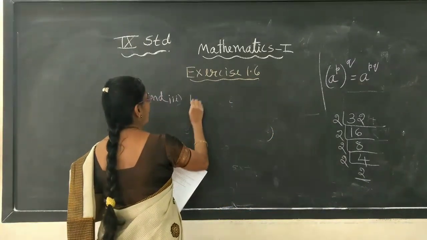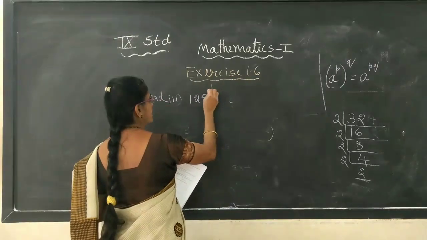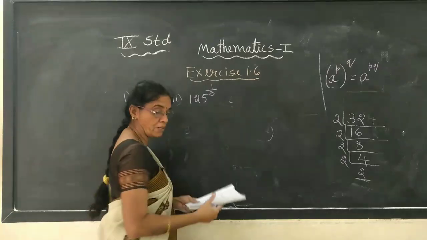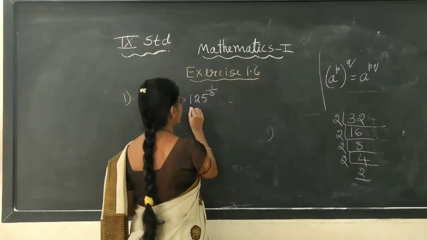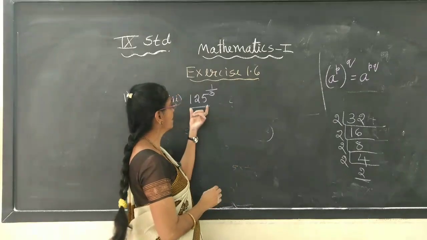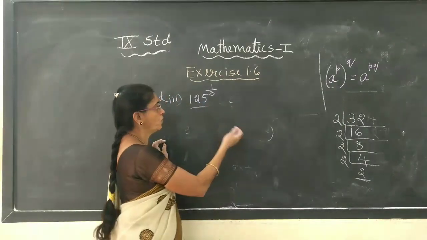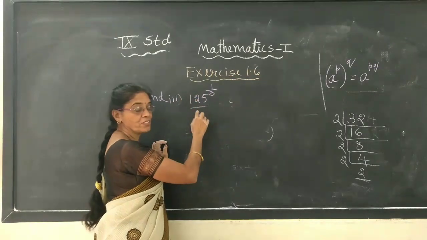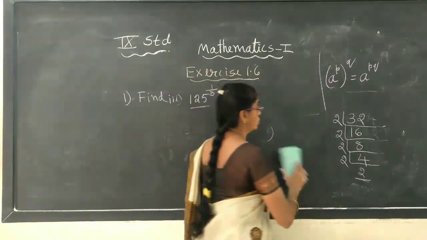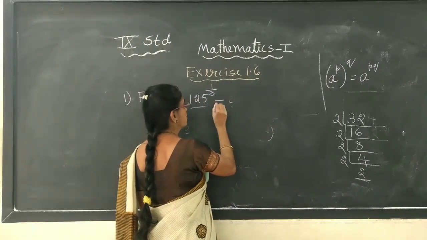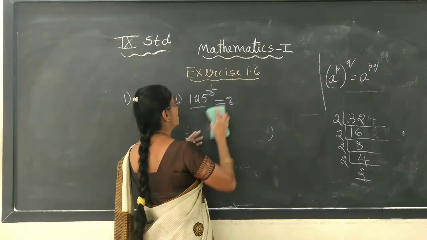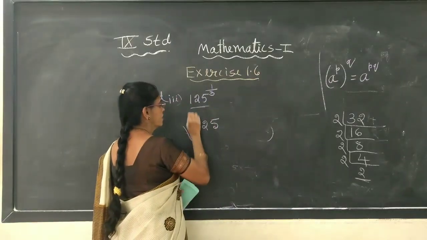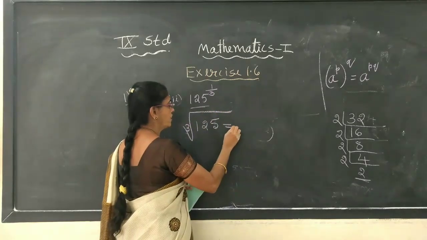Third problem: 125 to the power of 1 by 3. Now what is the value of this? In the same manner we can do it directly, or you can divide it by 5 to find which cube it is. The cube root of 125, how much? It is 125 to the power of 1 by 3, the cube root of 125.